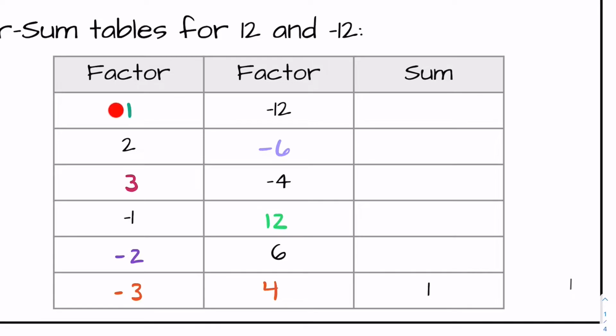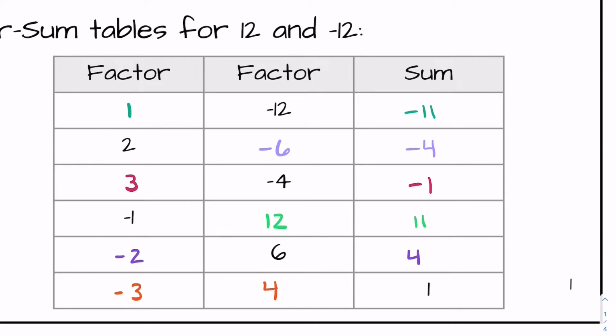And what do they add up to? That's the question here. These are a little bit different. 1 minus 12 is negative 11. 2 minus 6 is negative 4. 3 minus 4 is negative 1. Negative 1 plus 12, or 12 minus 1 is 11. 6 minus 2 is 4.